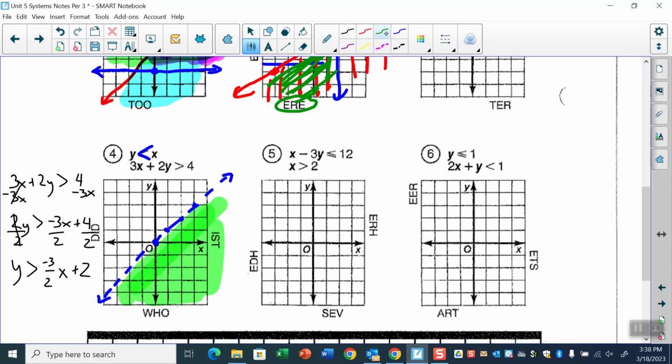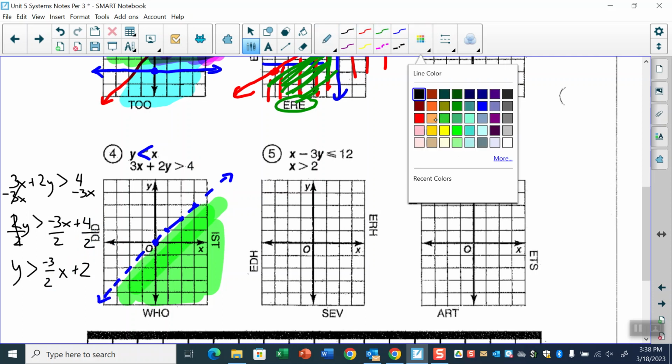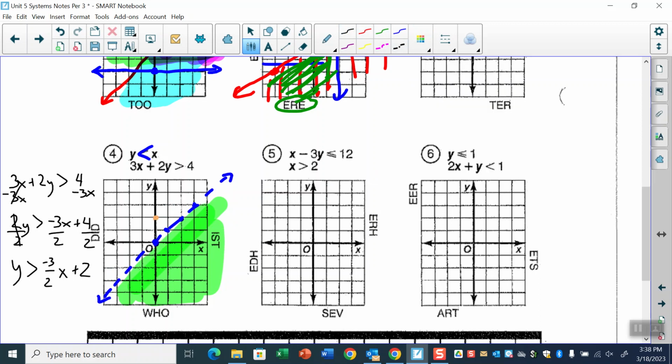So my y-intercept here is going to be 2. So here's my 0, 0. So here's my y-intercept at positive 2. And now my slope is -3 over 2. So I'm going to go down 3 and over 2.